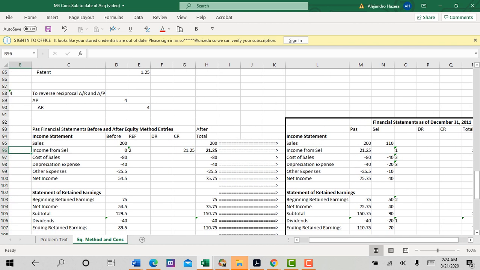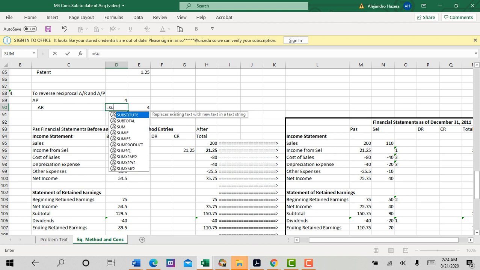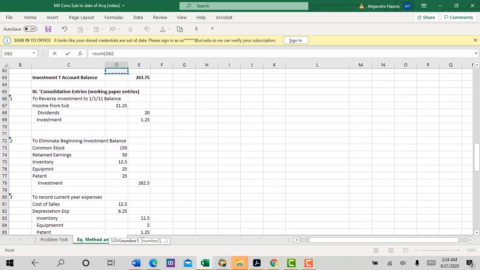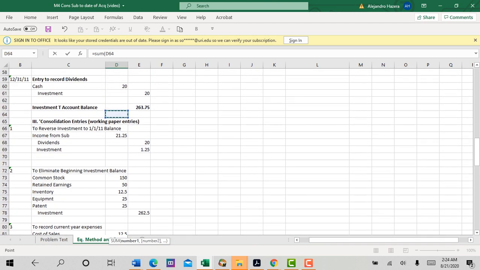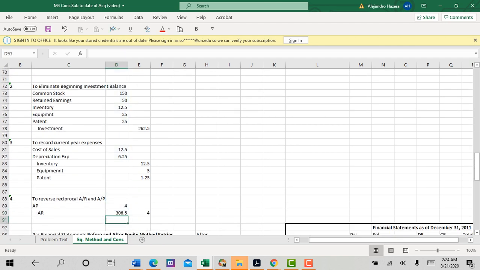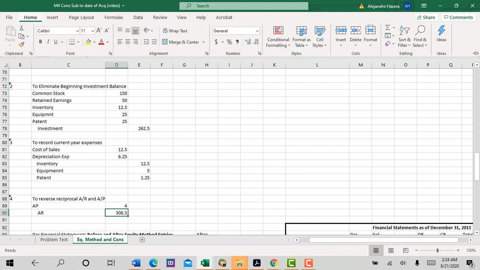First thing I'm going to do is sum these numbers to make sure that everything is adding up. So we will add up starting here, going down there, and just copy this over.